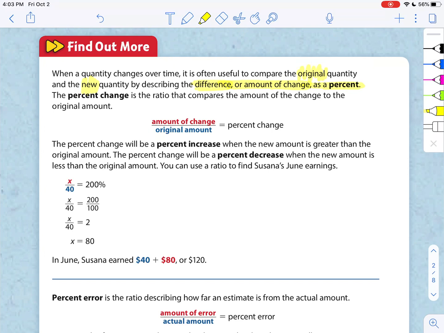This is called the percent change. And it is the ratio that compares the amount of the change to the original amount. If you notice that word in there, ratio. So we can use words to write our definition of percent change as a ratio. It compares the amount of change to the original amount.